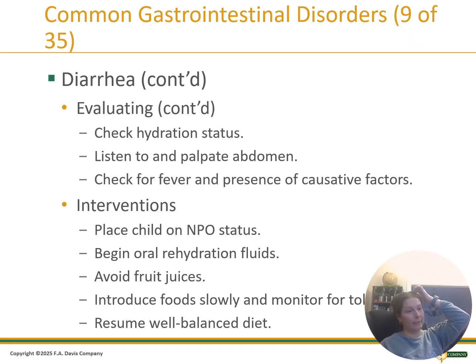And then we'll begin to orally rehydrate our child, avoiding fruit juices due to the high sugar content, which can make our diarrhea worse. And then slowly we'll start to introduce foods, being careful to choose age appropriate ones. We also want to encourage a well-balanced diet.